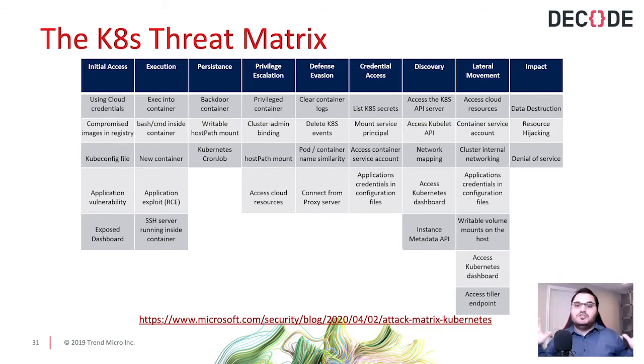It's not an official matrix from MITRE ATT&CK, but it's very helpful, as it shows, based on each tactic and technique, which techniques are used by attackers and criminals to compromise your cluster. It has some missing techniques and steps, but it's a great start for you to understand and protect your cluster better.